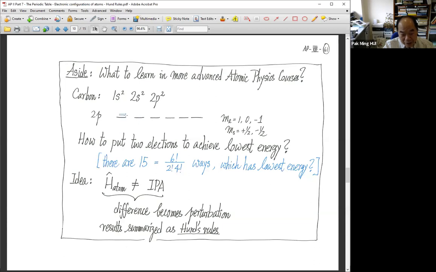Or put it here, put it there? Up, down first, or up, up? Does it matter? If you think about the question, actually it is rather complicated because you can count how many ways you can put 2 electrons into 6 states. There are 15 ways, and therefore you may want to try all different ways and then find the lowest energy. People did that. And that is summarized in something called Hund's rule. So you will learn Hund's rule in an atomic physics course.